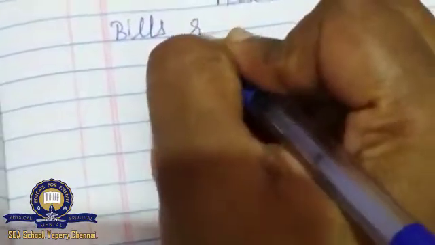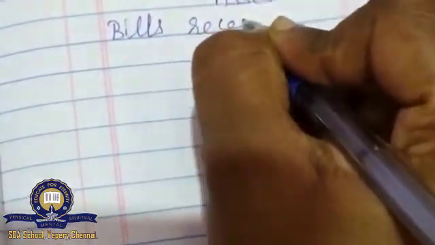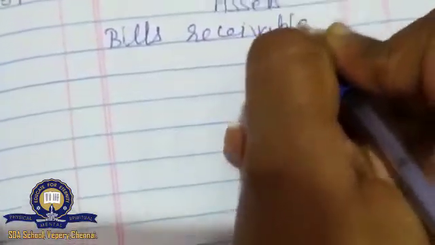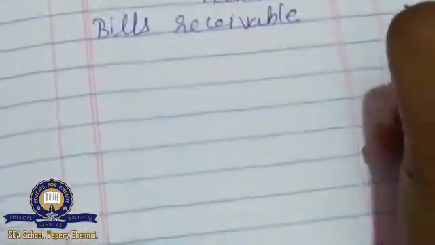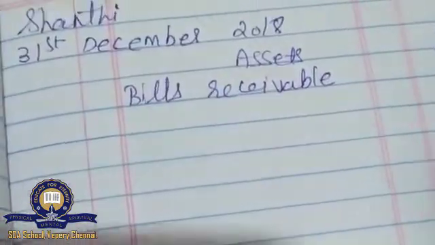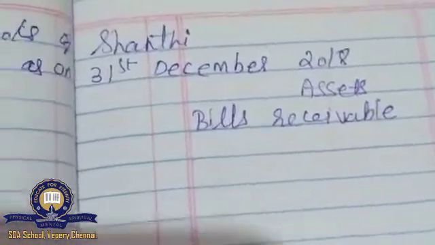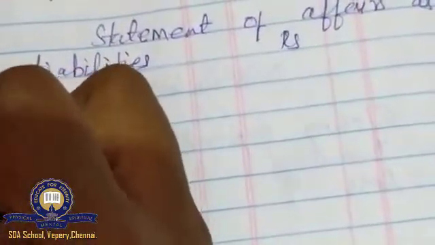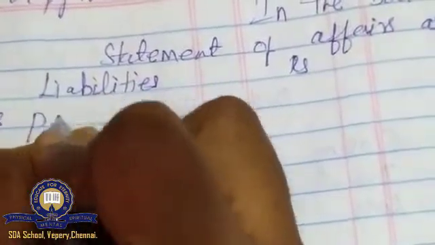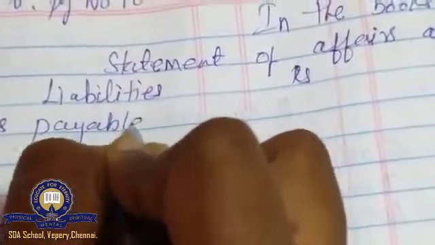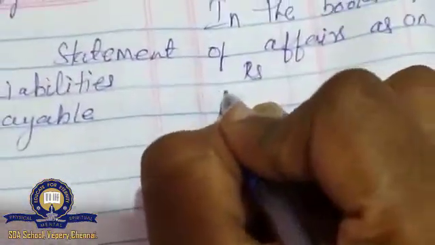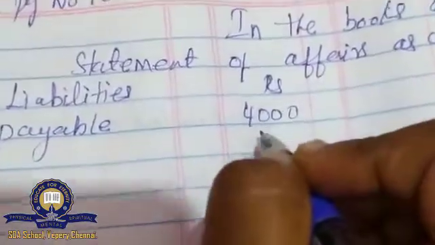The first thing they have given in the question is bills receivable. Bills receivable will come under the asset side: bills receivable 6,000. The second item they have given is bills payable. Bills payable will come under the liability side: bills payable is 4,000. Then machinery.